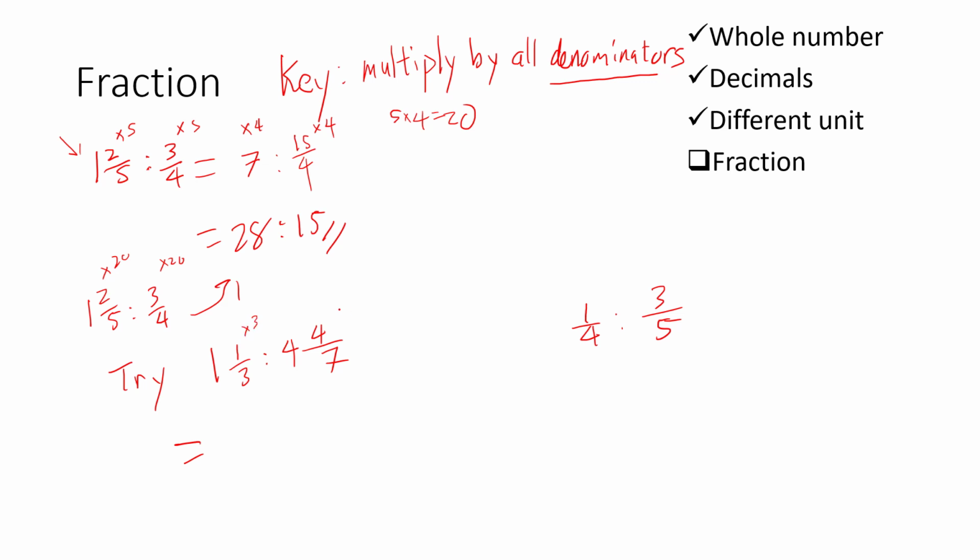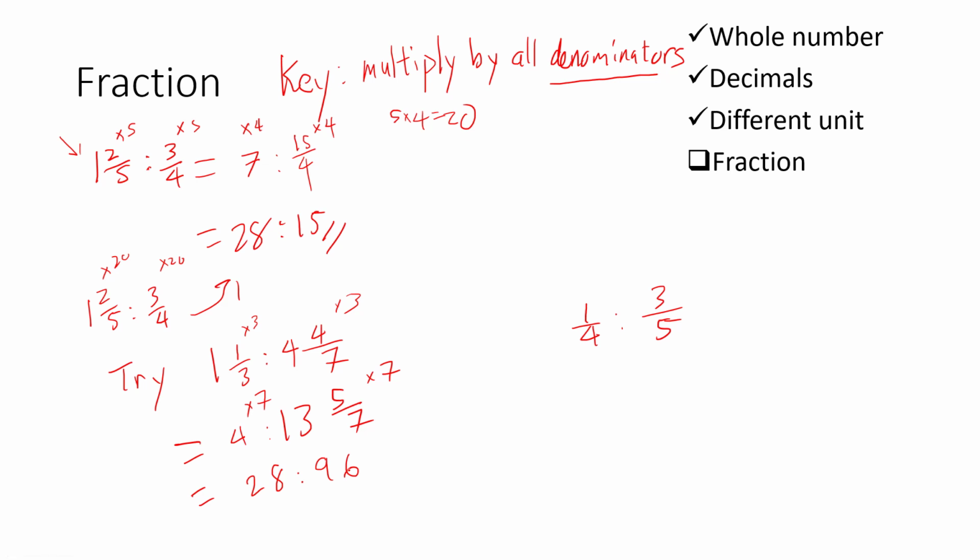So here I multiply by the denominator and I will get 4, while here I will get 13 and 5 over 7. And the next step is to multiply by 7. Multiply by 7, you will get 28 is to 96.